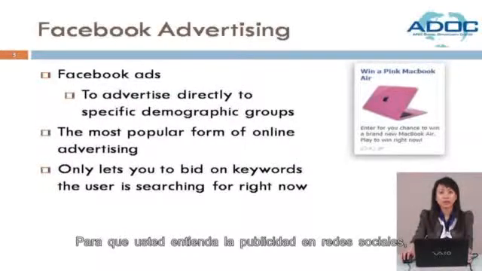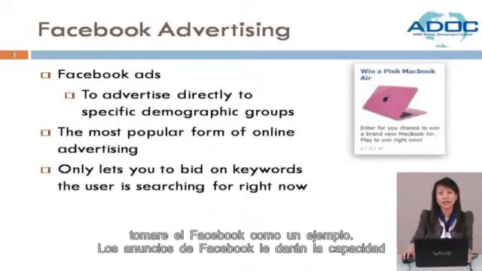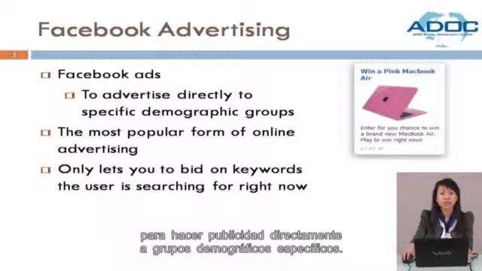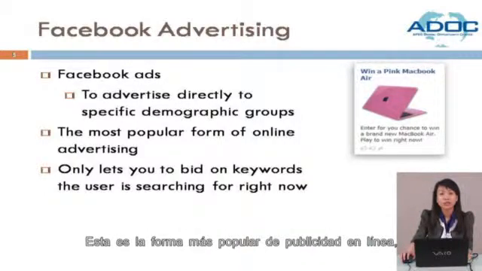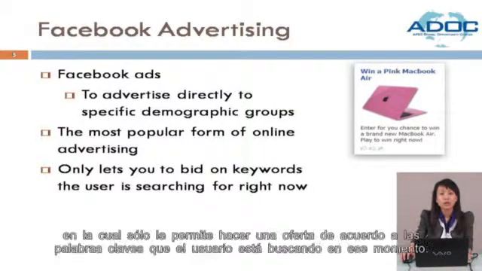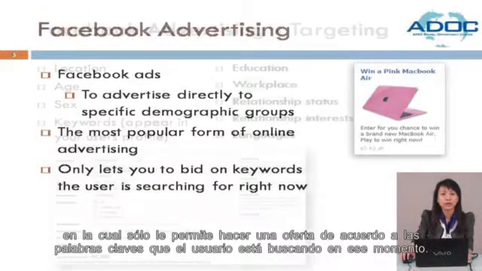To let you understand social network advertising, I take Facebook as an example. Facebook ads give you the ability to advertise directly to specific demographic groups. This is unlike the most popular form of online advertising, which only lets you bid on keywords the user is searching for right now.